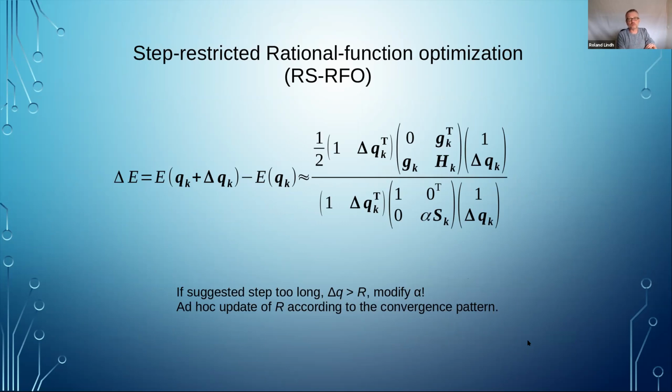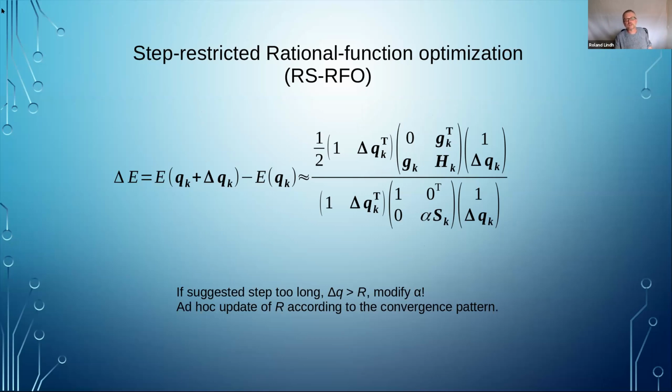There are further improvements to these approaches. It's what's called the rational function optimization, where we recast this Taylor expansion and introduce a denominator, which gives us a rational function optimization. We further introduce a step restriction, which means that we don't step too far on this surrogate model. We say that we trust it within a specific value.